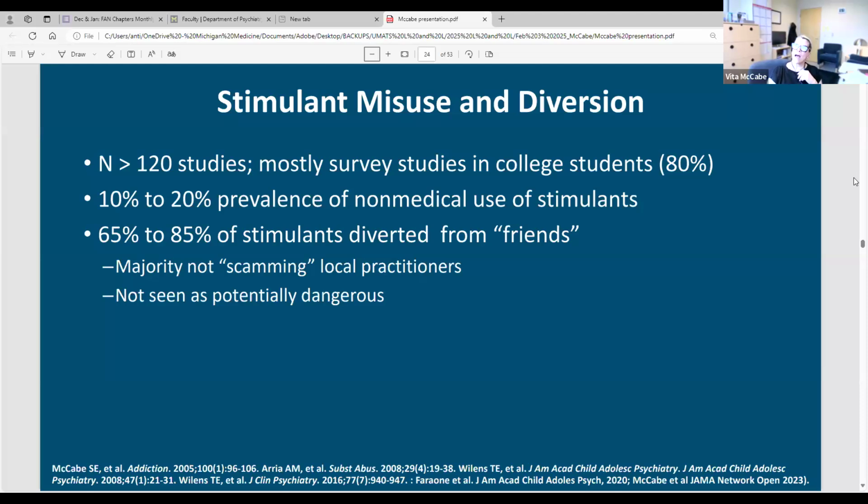So a lot of the medical community was very stigmatizing and didn't want to see patients, but really that doesn't make sense from an evidence-based standpoint. And so I think this is data that's worth sharing with our colleagues. Next slide, please.